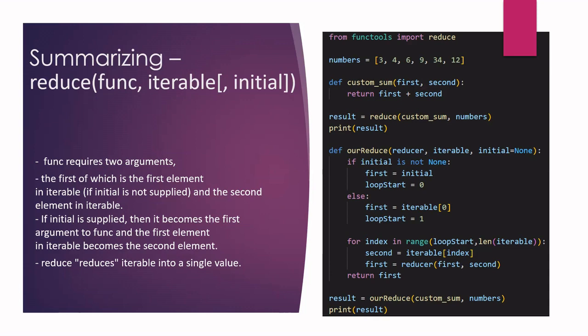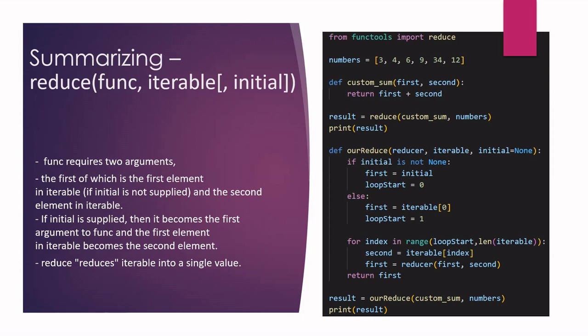First is given, okay, so let's say first would be equal to initial, and second would be equal to the first value in the list so far. So where's the initial? We can send it as another argument to the reduce function.